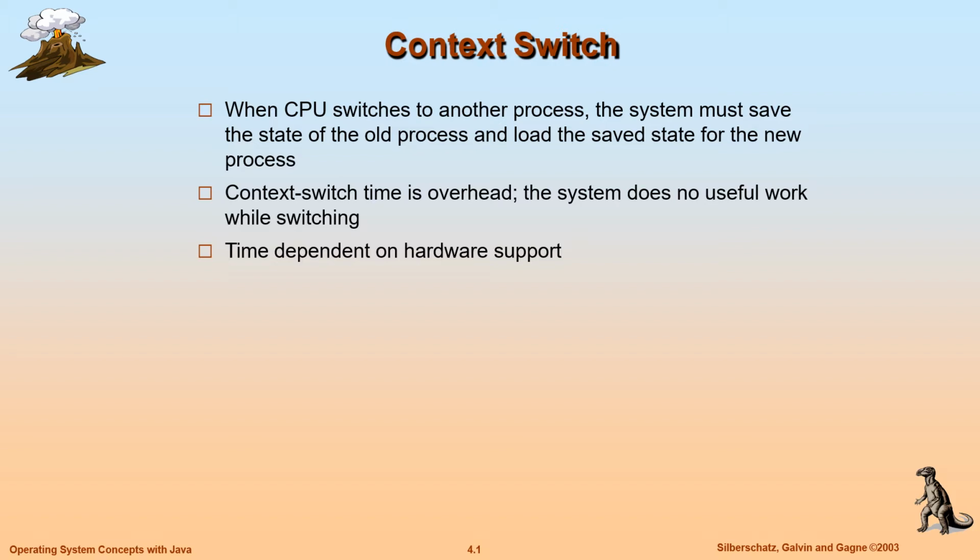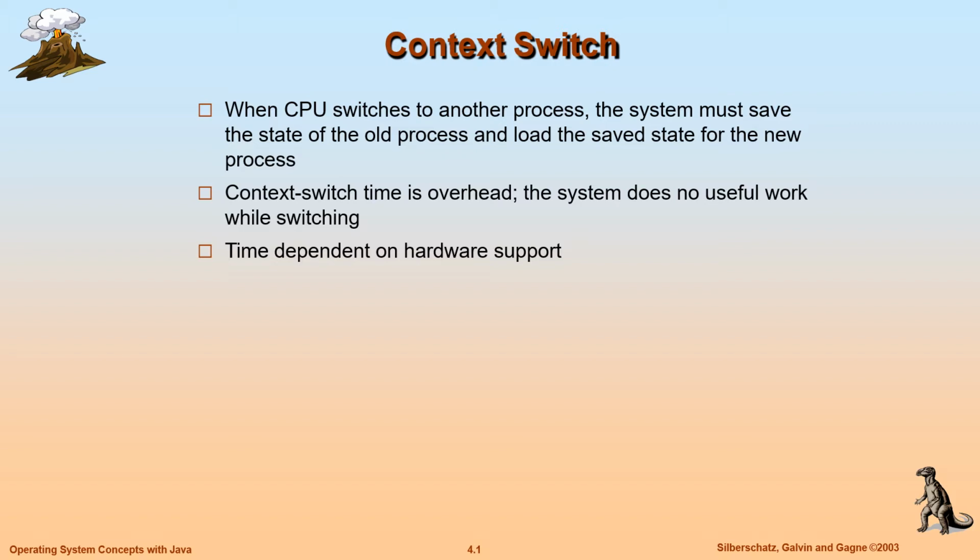Generally, we perform two operations, that is, state save and state restore. State save saves the current state of the CPU, be it in kernel or user mode, and then state restore resumes the operations.